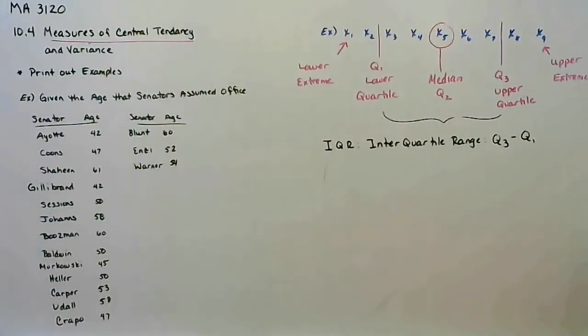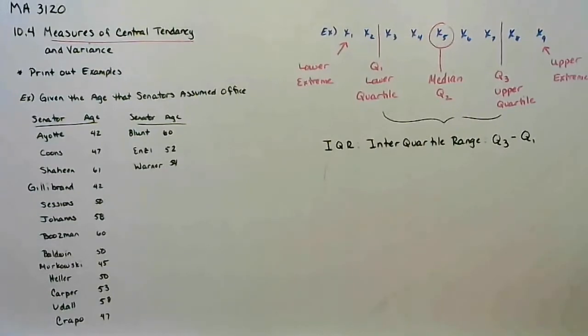All right, so here we have the example where we are given the ages of United States senators when they assumed office. And what we want to do is develop a quartile. We're going to start doing a box and whisker, but we're not there yet.